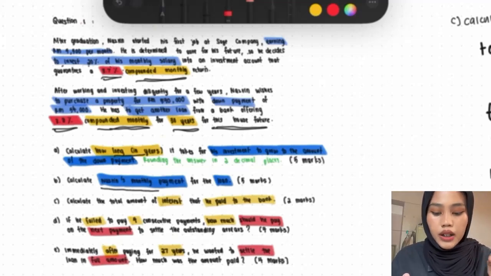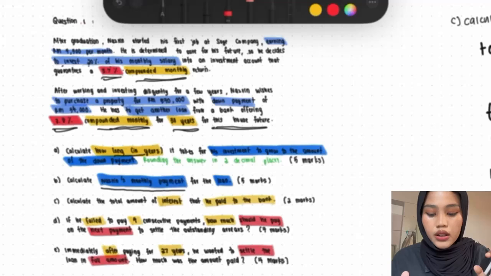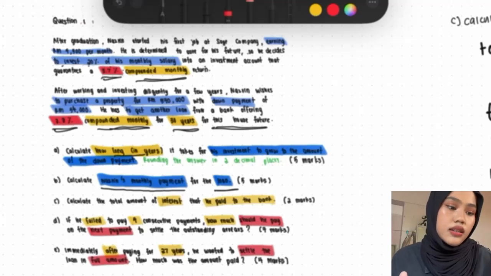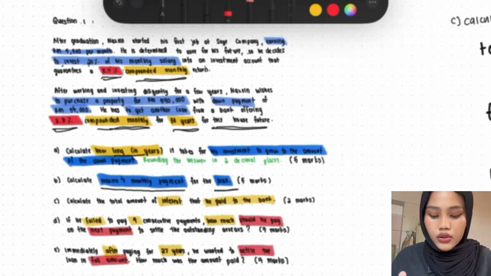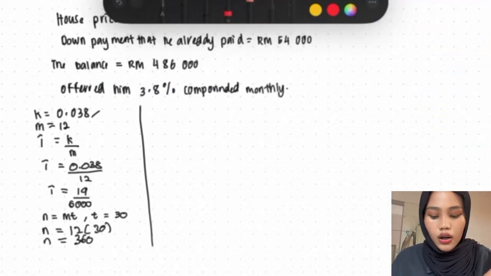Calculate Nazreen's monthly payment for the loan. The house price, we already know, is RM540,000, and the down payment that he already paid is RM54,000. So the balance that he still needs to pay is RM486,000. The bank offered him 3.8% interest compounded monthly.